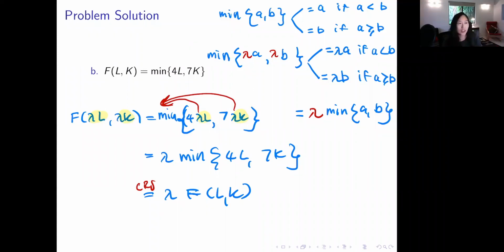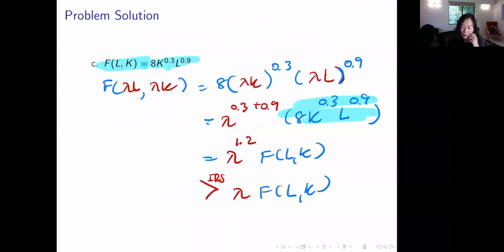Chang has a question. If it's max, will it be the same or not? That's a good question. Let's work through it together. He asked, what if instead the production function is the max? Let's make it very simple, max of L and K. Is it constant returns to scale or not?